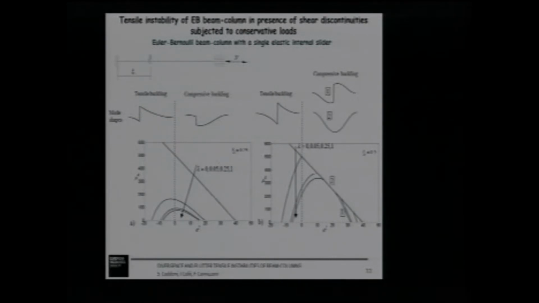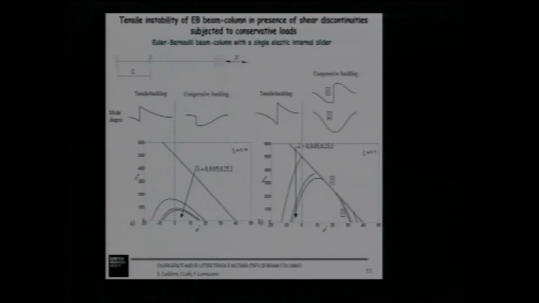But as we introduce a slider compliance, we have both divergence in compression, but also in tension. And in our opinion, introducing a slider is like considering a concentrated shear deformability.